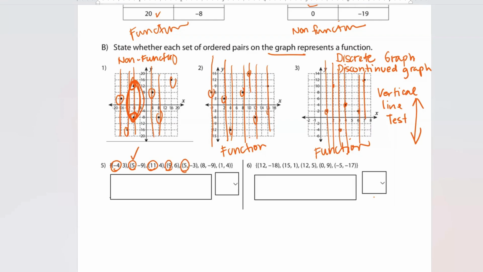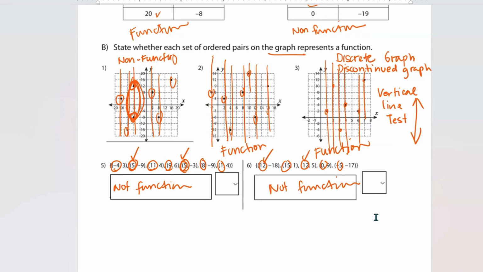Uh-oh, 5 and 5 is repeated. 8 and 1. So this is not a function, because 5 is repeated. Let's look at number 6: 12, 15, 12. This 12 and 12 is repeated. 0, 5. So this is non-function.